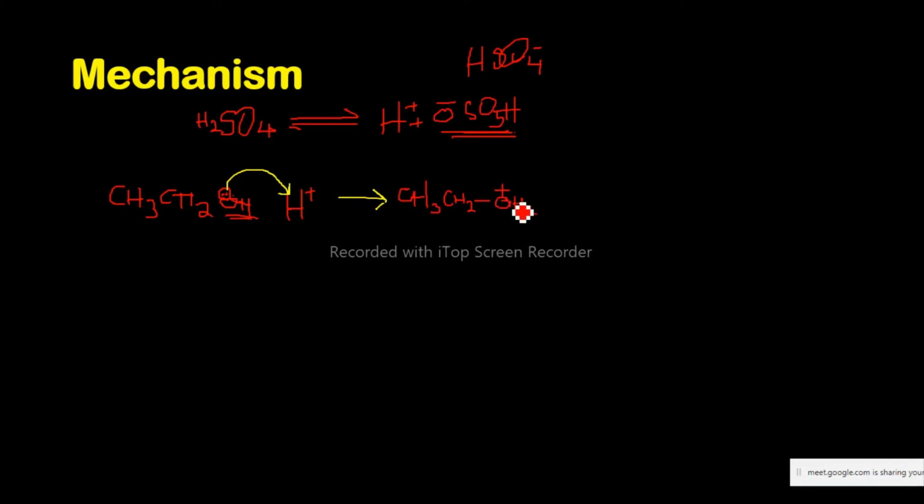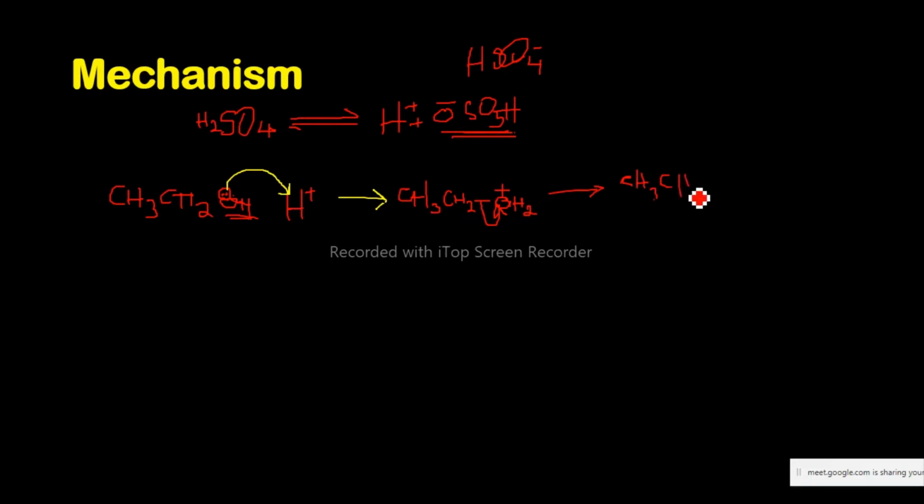And so this OH2 is a good leaving group that will easily dissociate to form a primary carbocation and forms water as a neutral molecule. So this is CH, CH3, okay, CH.